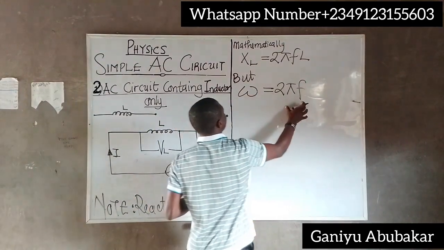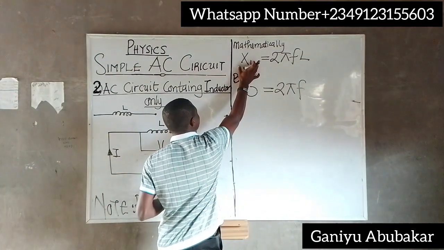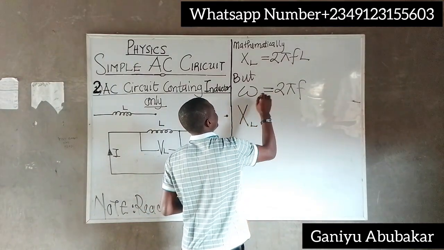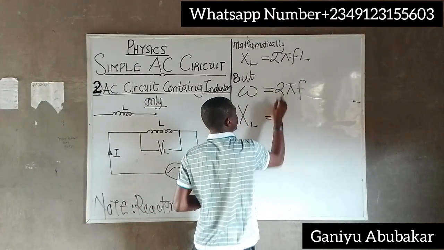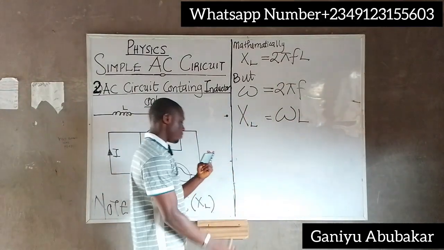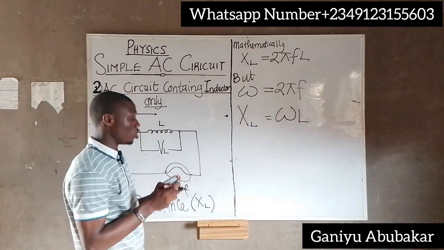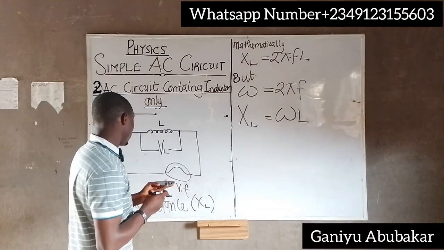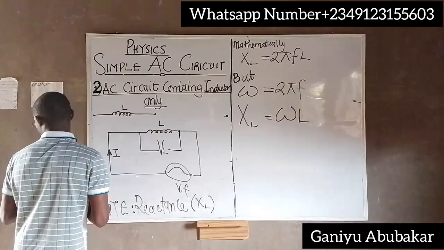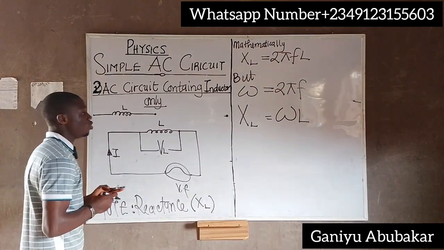If omega is 2 pi f, I can express the reactance of an inductor, that is XL, as being equal to omega L, where omega signifies 2 pi f. It is still another expression for the formula for an AC circuit containing inductor only.